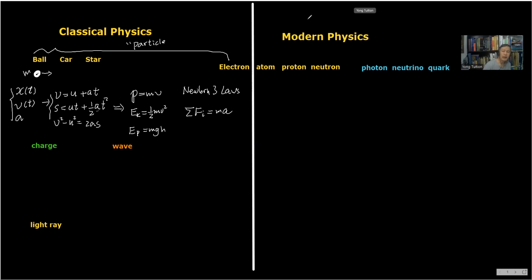At the beginning we started with an object falling down above the ground, so gravitation is g. We also started with an object moving along a straight line. Newton tells us that if we know the force, we can work out the acceleration.